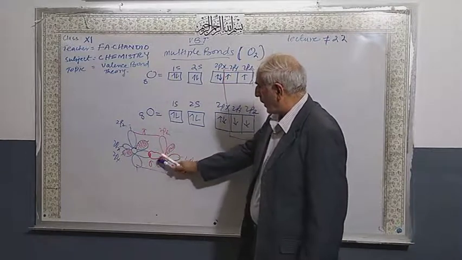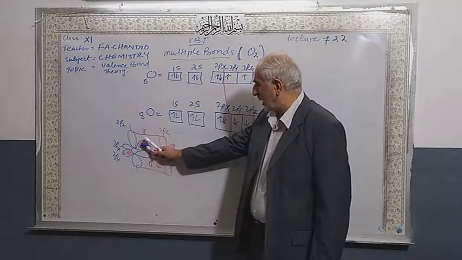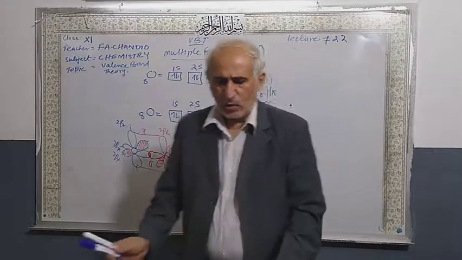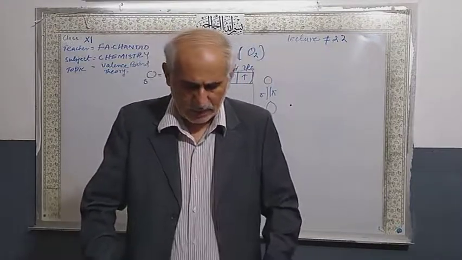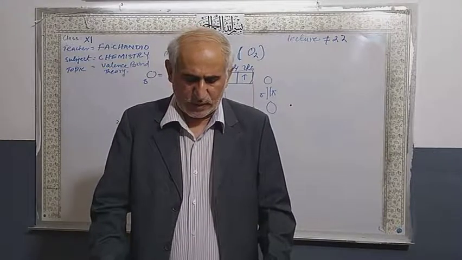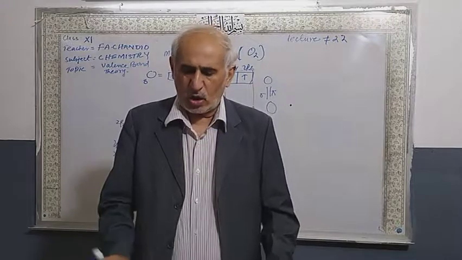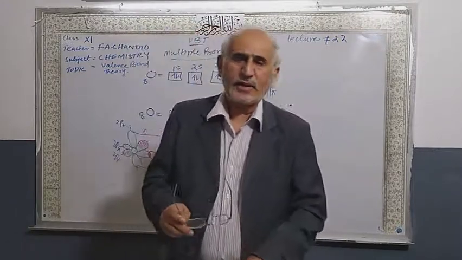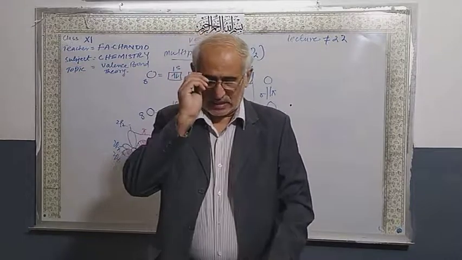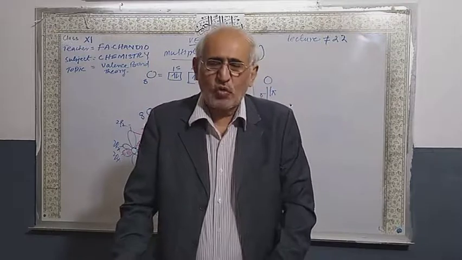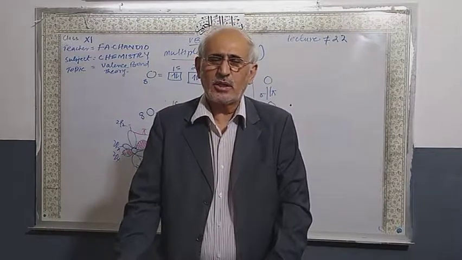So a double covalent bond is formed, a sigma bond and a pi bond, and this is the filled one, which is not participating. You can see in the example that only two are going to participate and one is not going to participate. These are all p orbitals, and they are degenerate. Their energy is the same. So each oxygen atom has two filled 2p orbitals.